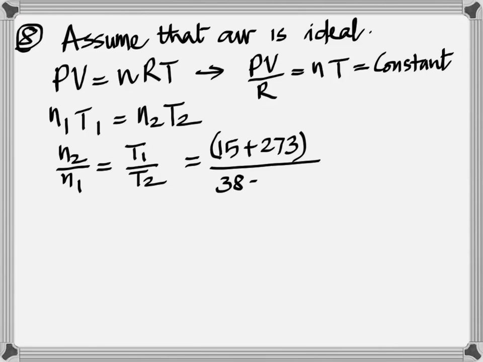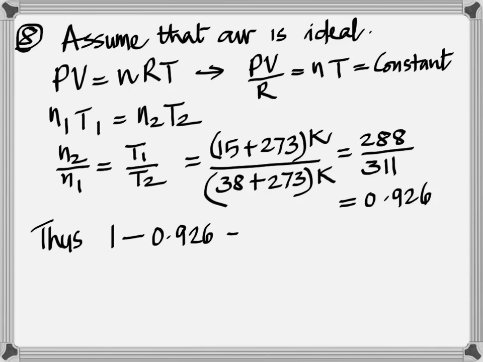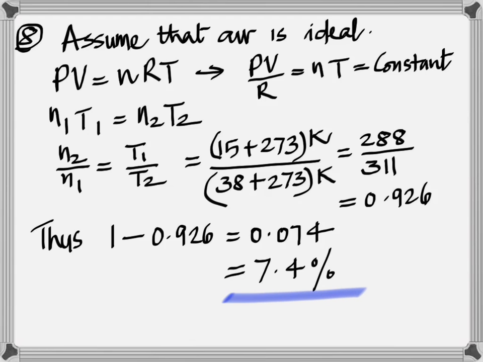Got to have the temperature in Kelvin all the time. So N2 by N1 is 0.926, and if we start with an initial number of moles of 1, then you see that the difference is 7.4%.